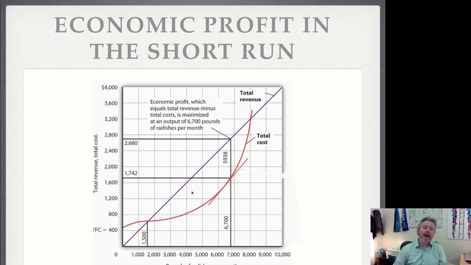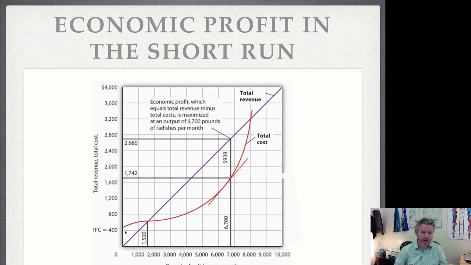At any level of output, you can find the total profit for the firm by looking at the difference between the total revenue curve and the total cost curve. So at 0 units of production, the total cost would be higher than the total revenue. Well, why would that be if they're not producing any items at all? It's because they've already incurred this fixed cost of $400. So if they don't produce any, they're not making any revenue, and they're going to incur a total loss of $400, all right?